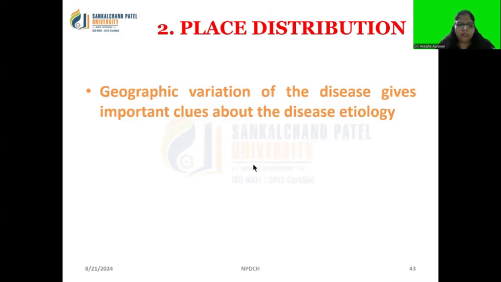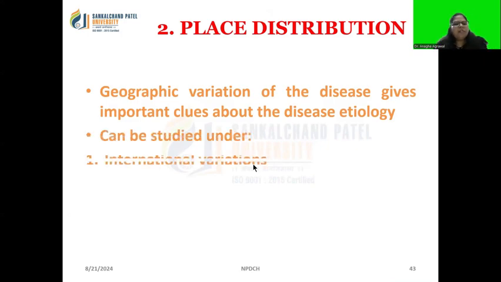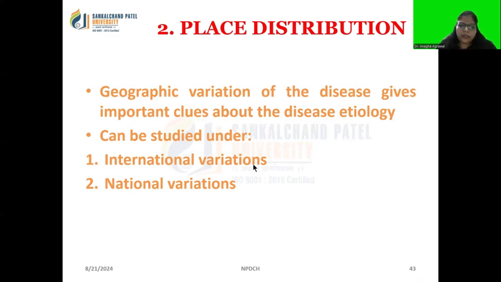Diseases can be studied under international variations, like some diseases being more common in some countries, or infectious diseases being more common in underdeveloped countries and modernized diseases more common in modern countries. Then national variations, as I've already given an example, like in hilly areas there is iodine deficiency, whereas in flat areas there is no iodine deficiency.